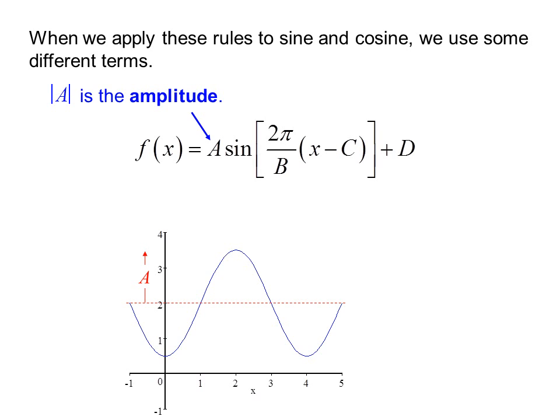The absolute value of a at the beginning is the amplitude, and the amplitude is the distance from the center to the high point or the center to the low point. The absolute value of b is the period, and the period is the length of one cycle.